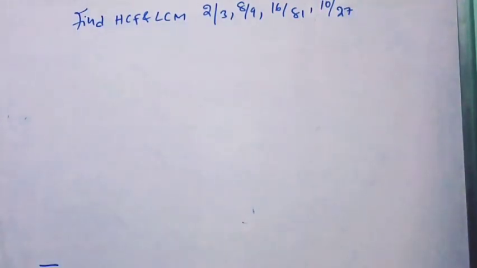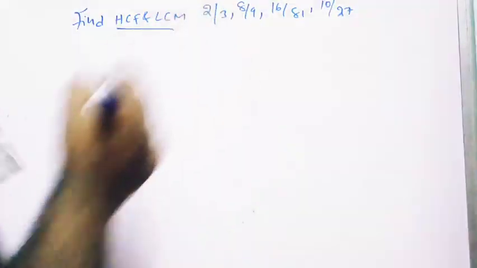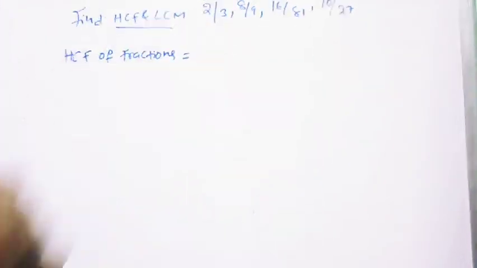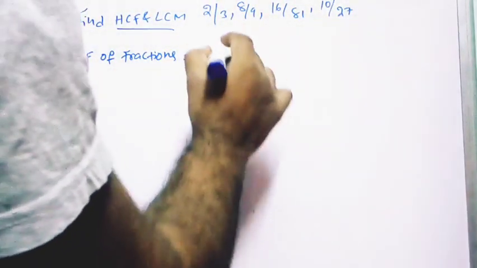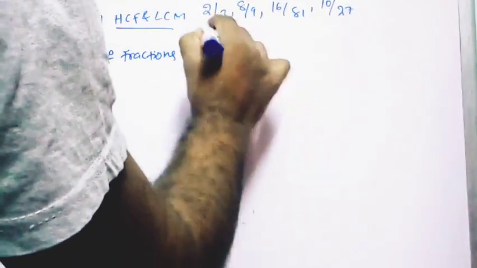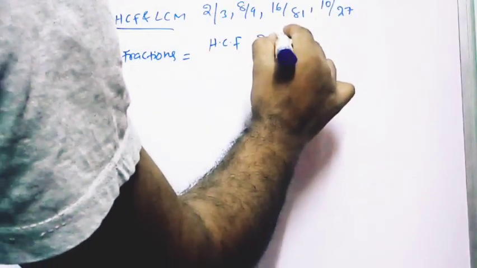So the next one is we have to find HCF and LCM for fractions. For example, the HCF of given fractions is equal to HCF of the numerators divided by LCM of the denominators. What are the numerators? 2, 8, 16 and 10.